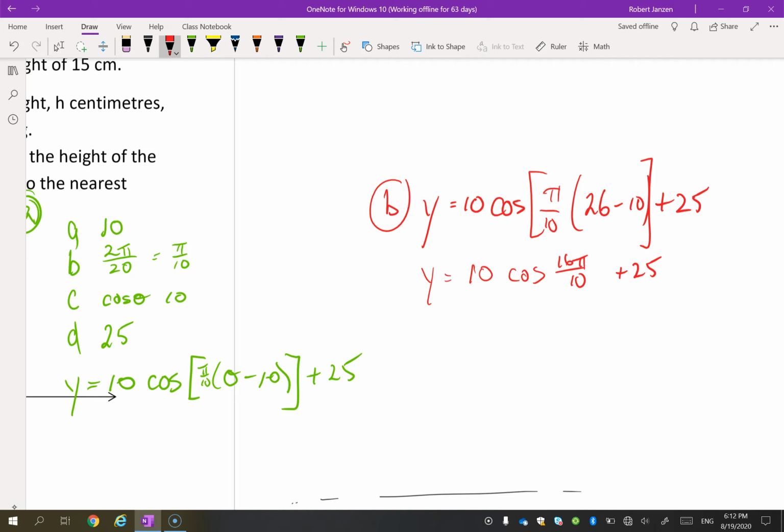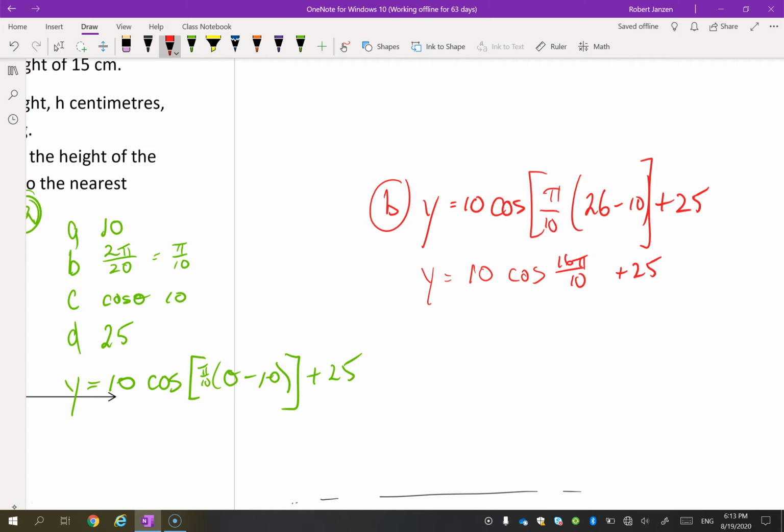So let's see if we can figure that out. I've got to grab my calculator. And by the way, should we be in radians or should we be in degrees?